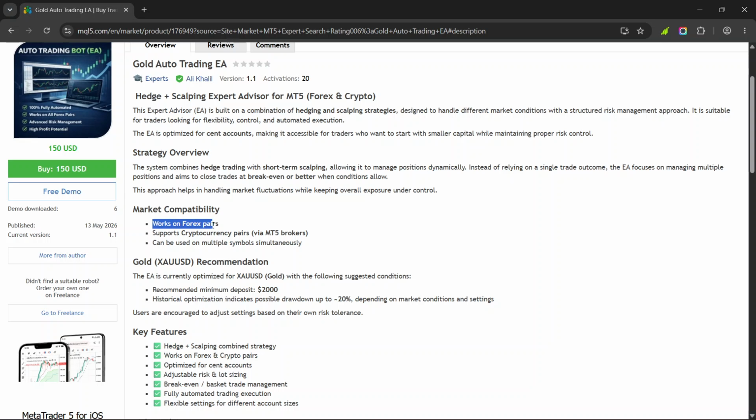It's compatible with forex pairs, supports cryptocurrency pairs through MT5 brokers, and you can run it on multiple symbols at once. There's a recommended minimum deposit of $2,000, and the main recommendation is for Gold USD.